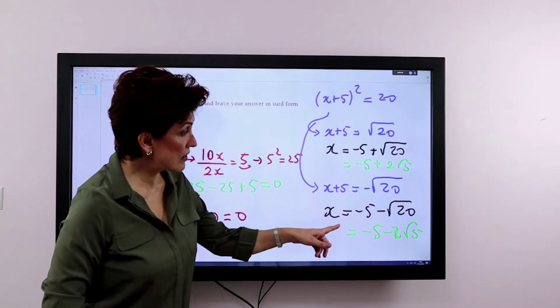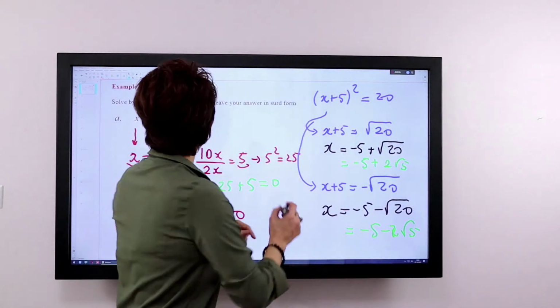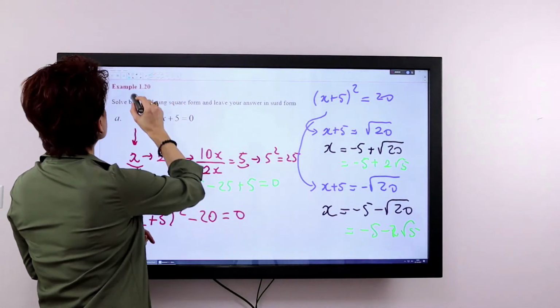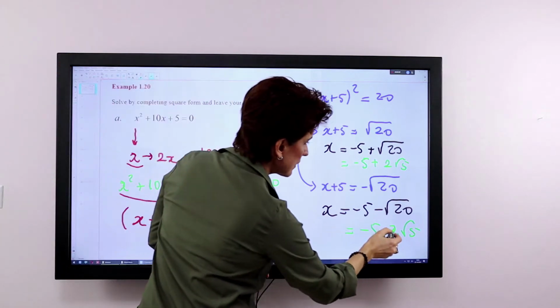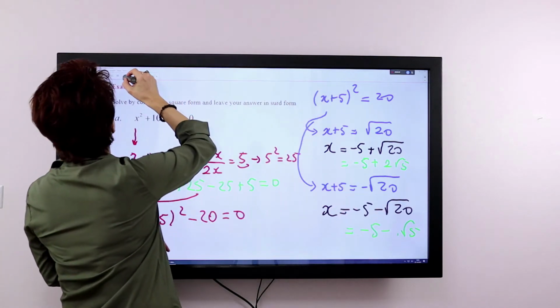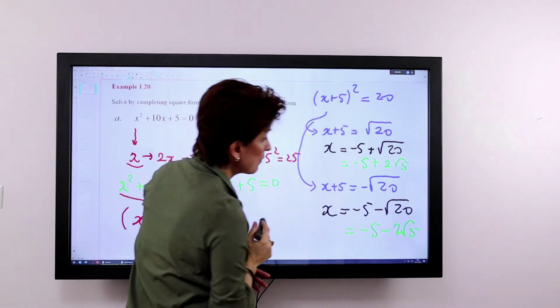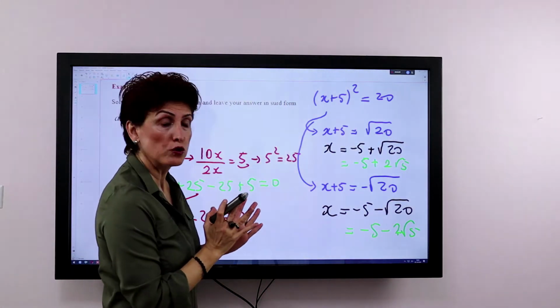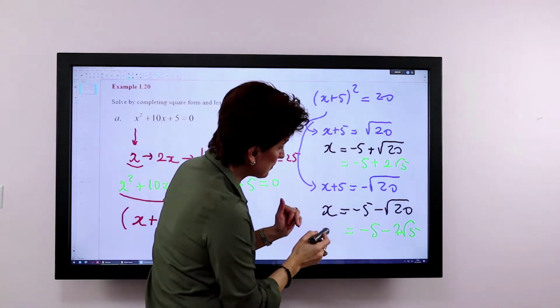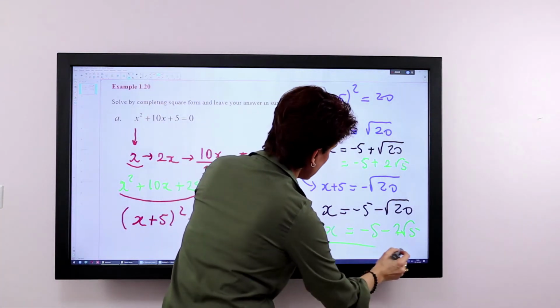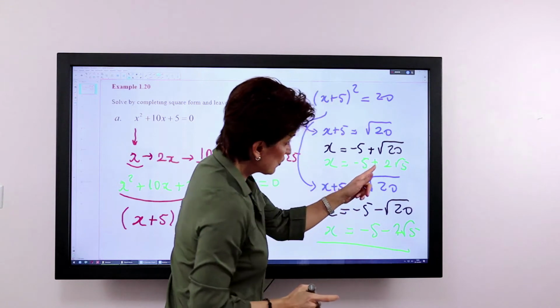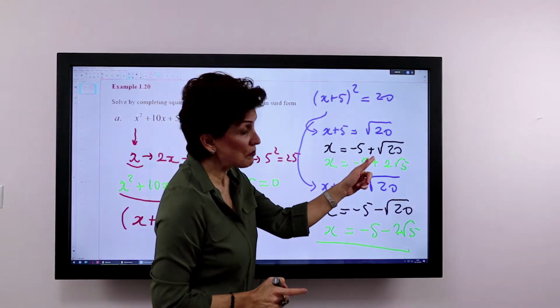Did you understand? When you look at those solutions, what is the difference between those two solutions? Just the middle sign, right?